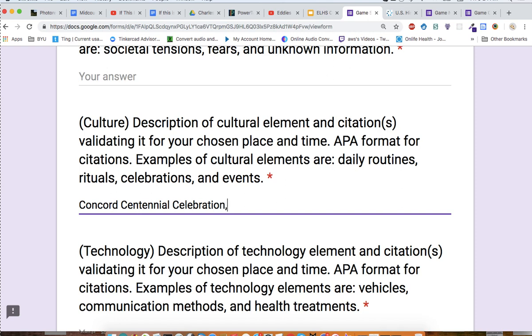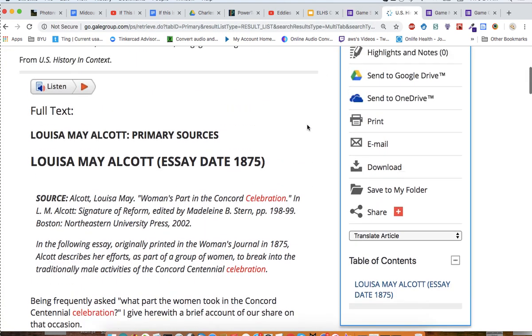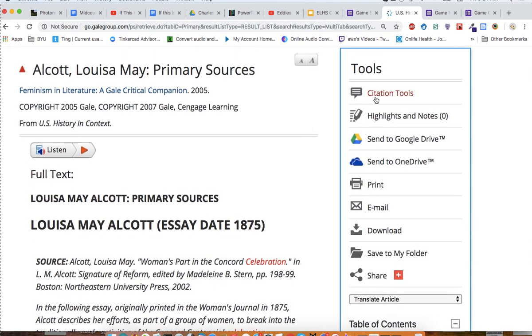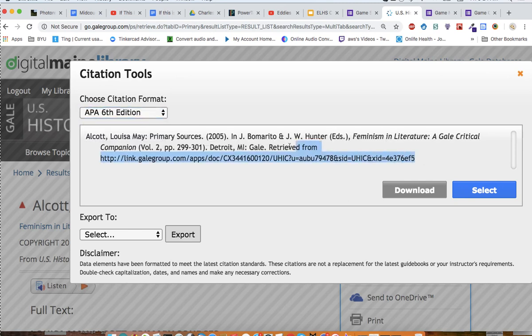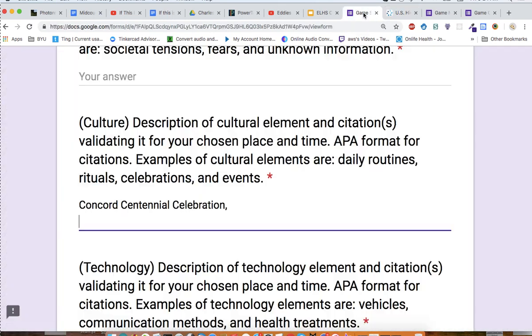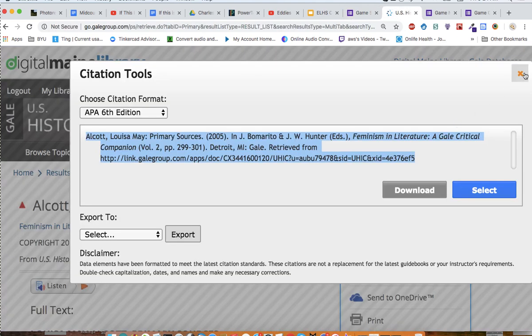And let's go ahead and follow that with the proper citation. So if I go over here and I go to Citation Tools on the side, click Citation Tools. If I change the drop down to APA, now I have my APA citation, and I can put the citation right in here. And if you read that, so I got the citation.